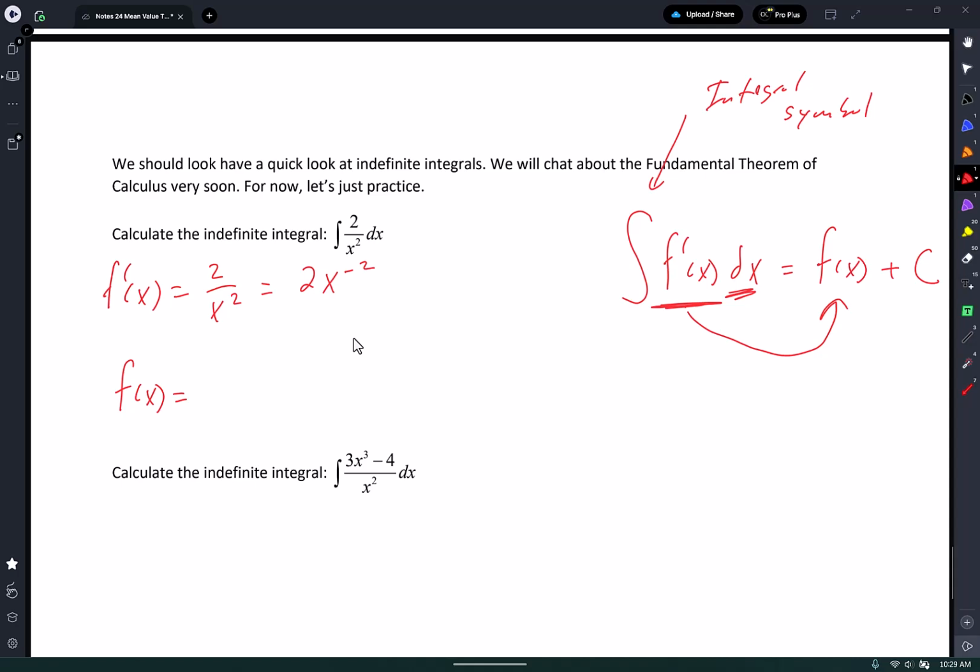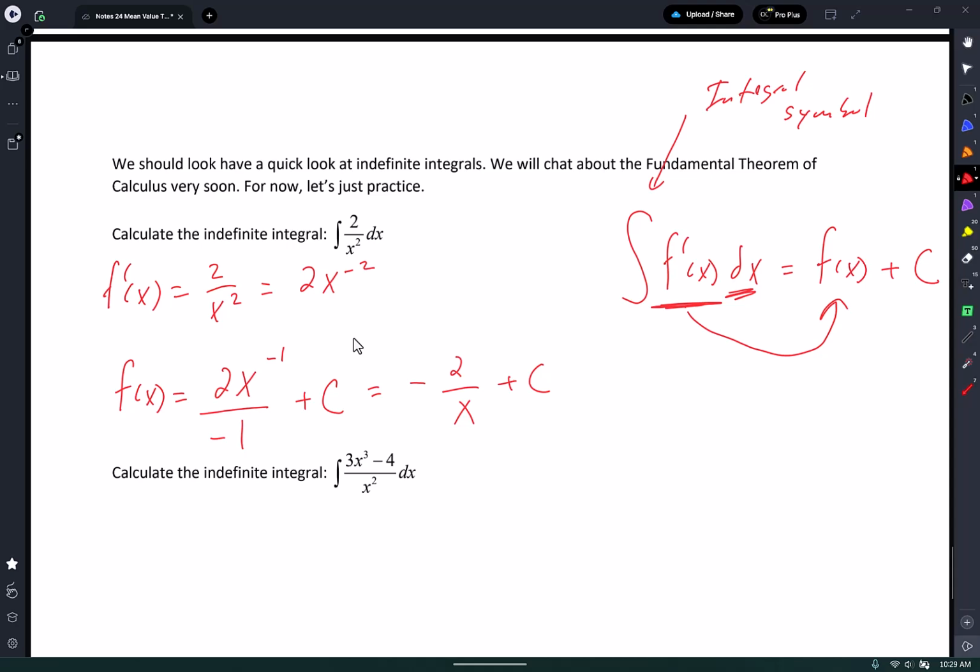I add 1 and divide by that number: 2x to the negative 1 divided by negative 1. Then I put a plus what? C. Making it pretty: negative 2 over x plus c. There it is. That's my antiderivative.